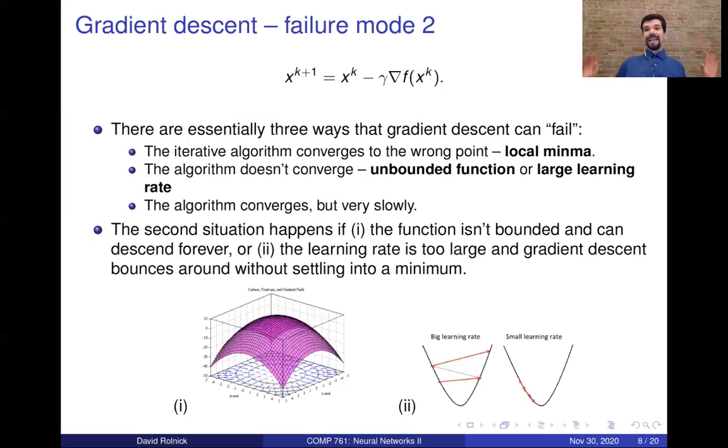People would really like to know exactly how large they can take their learning rate, gamma, before you start escaping the minima instead of falling into the minima. If you train neural networks, this is often something you run across: everything becomes NaNs if your learning rate's too high.